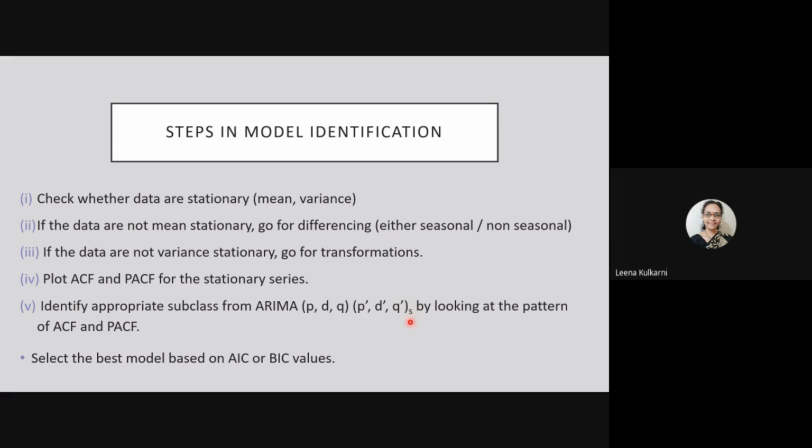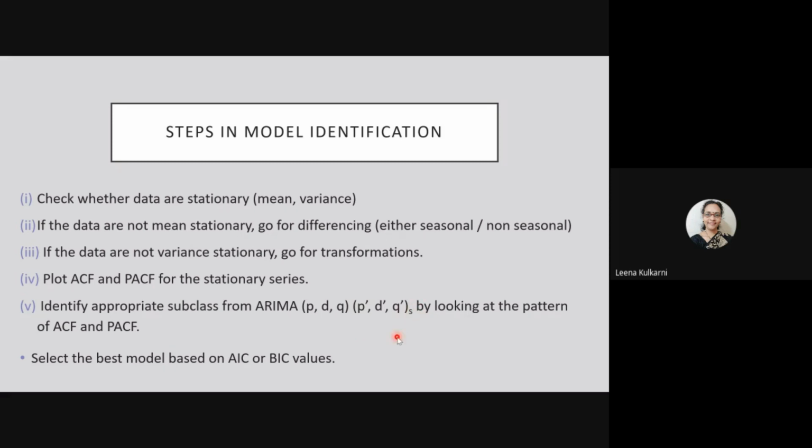That means p will tell you that the dependence of Zt is on Zt minus 1, but P dash will tell you that the dependence of Zt is on previous P dash seasonal values. So if P dash is equal to 1, Zt will depend upon Zt minus S, where S is the season.